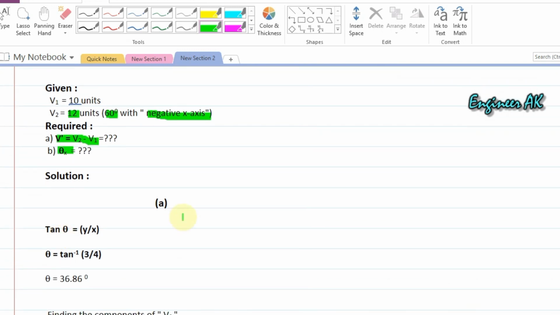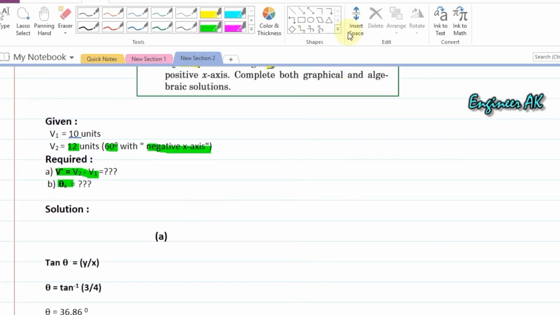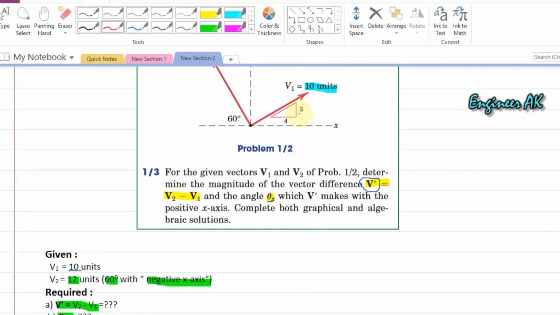So now let's start. If I simply draw here, this kind of a rectangle is given, right? Something like that, and it's 3 and 4.